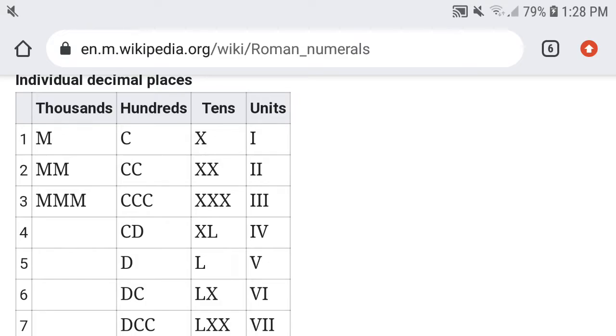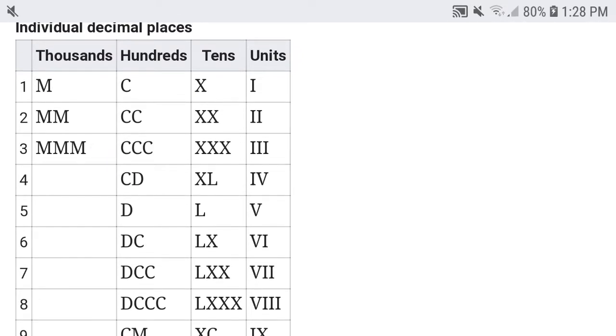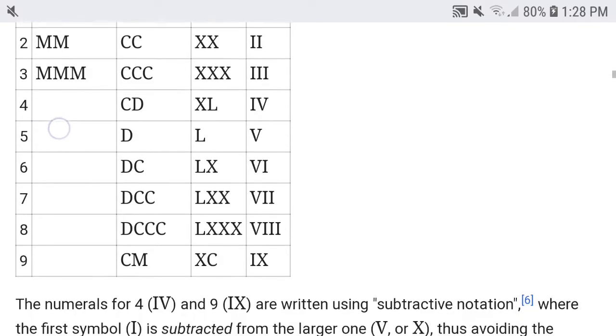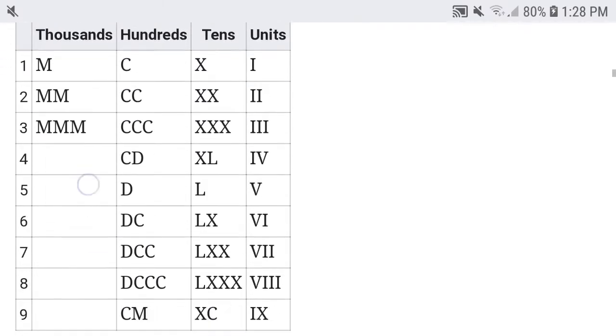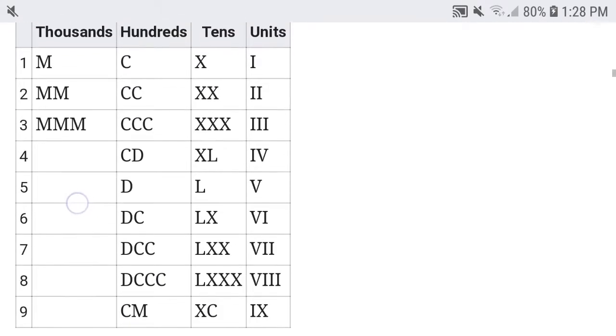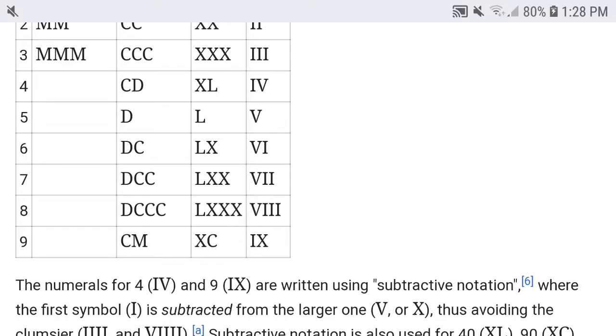Like 300 is still CCC, and then 3 times X is XXX, units 3, and then XL, CD, IV, and then DLV, DCLX, etc. Yeah, 900 is CM apparently. 90 is XC and then IX.